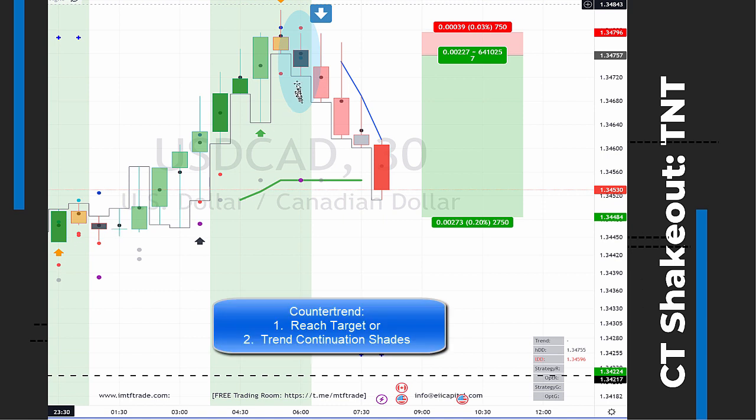And over here, you could see you have another strategy. You can't tell if it got to the target. However, it did sit there and give you trend continuation shades right there. So you could take this trade here and you took it all the way down to the vIMTF element here. Now, you could take this reverse strategy against a green bar, but I would hesitate taking it against the vIMTF red strategy because that's more short term.